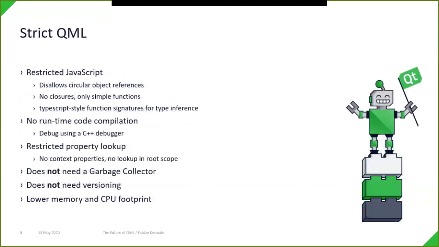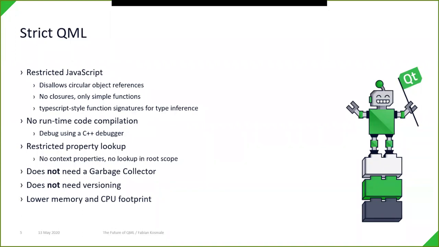Static QML changes a few things. First of all, it will restrict the part of JavaScript which is supported. So there won't be any circular object references anymore, which directly leads to the fact that there won't be any closures anymore. Like you can only have functions returning objects or simple types.